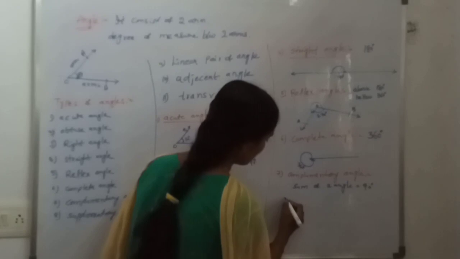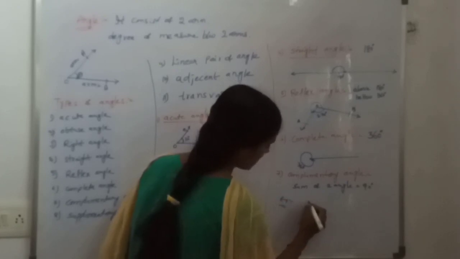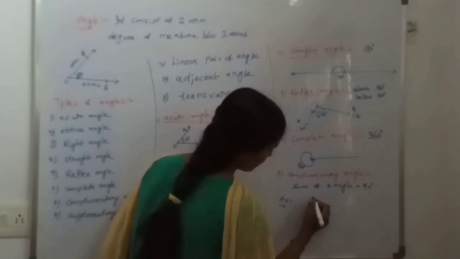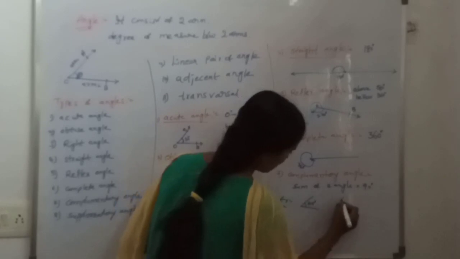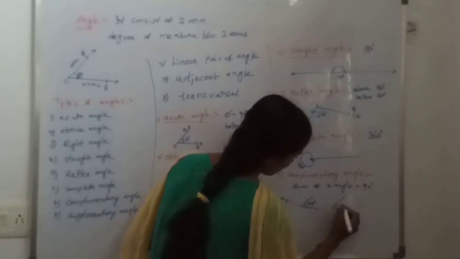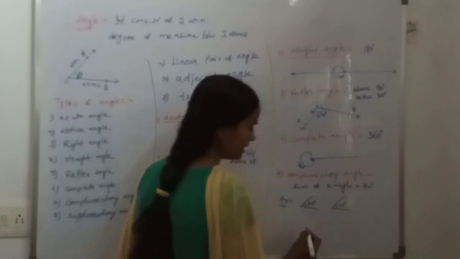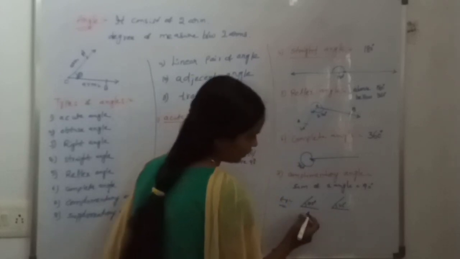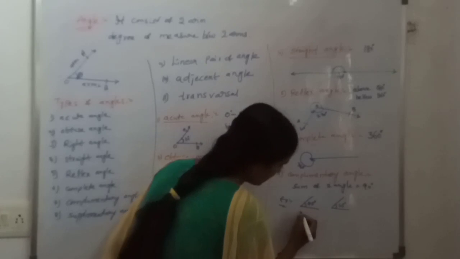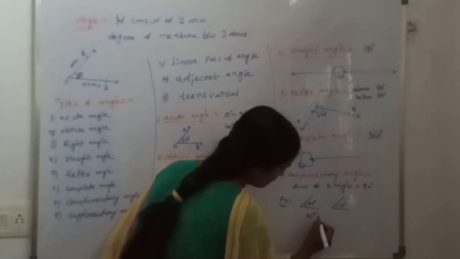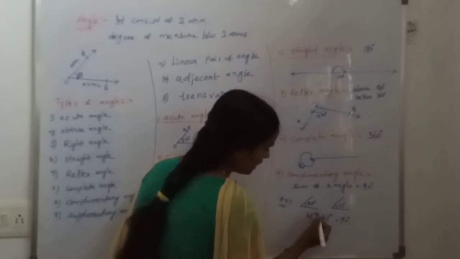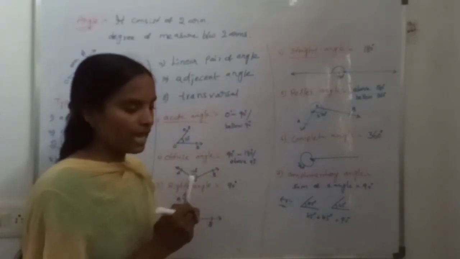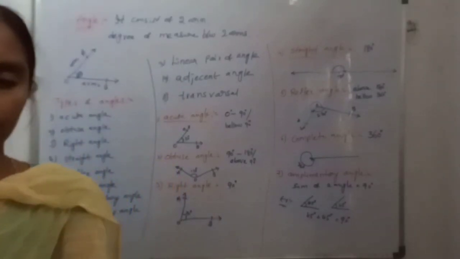For example, I am taking one angle of 45 degrees and another one of 45 degrees. It is the sum of 2 angles. Here 45 degrees plus 45 degrees equal to 90 degrees. It is the complementary angle.